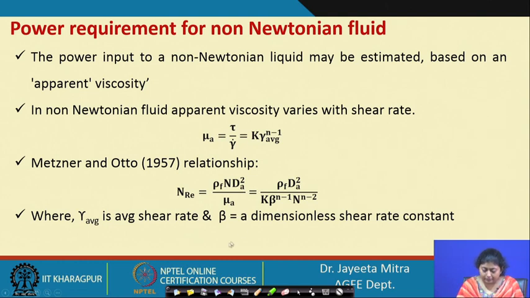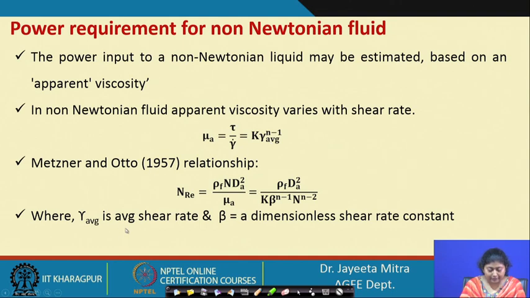Now, how we can write this as rho f into dA square by k into beta to the power n minus 1 and N to the power n minus 1, because here mu A is related to the apparent viscosity, and this is related to the average shear rate.